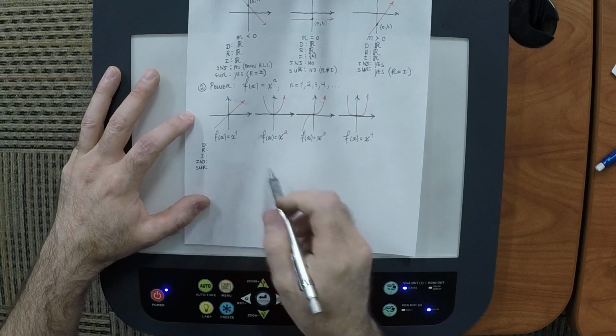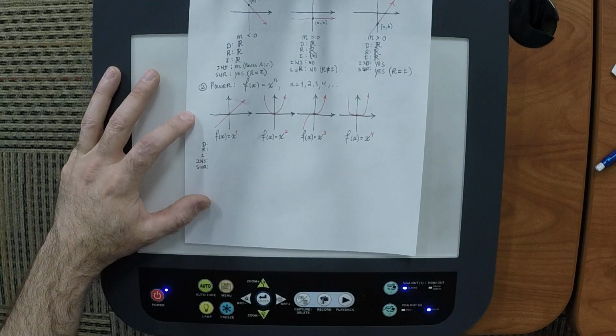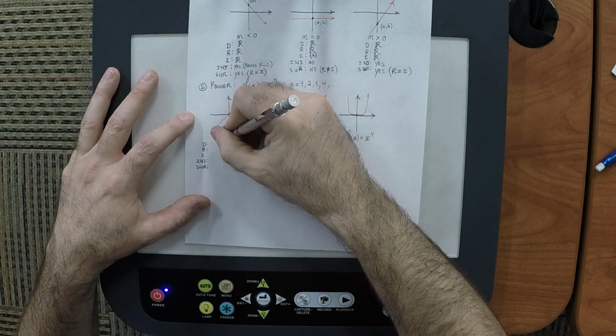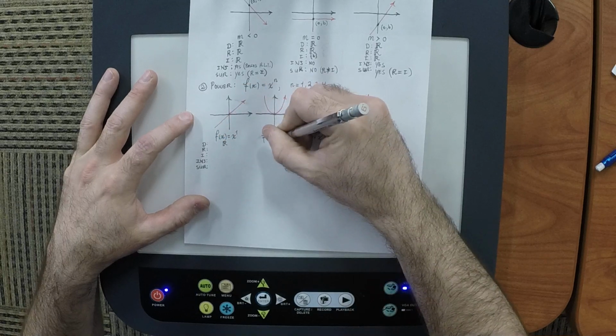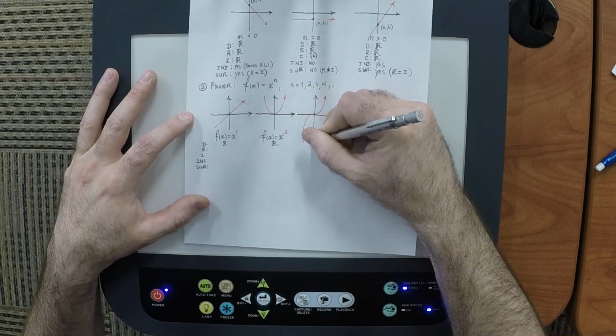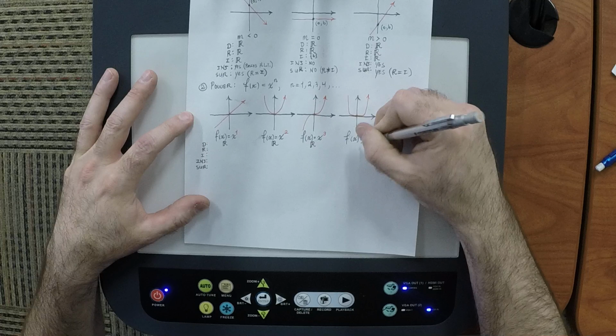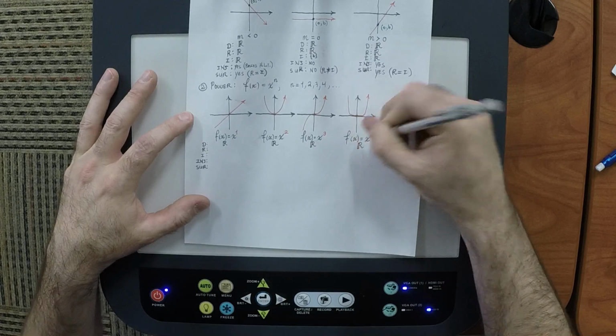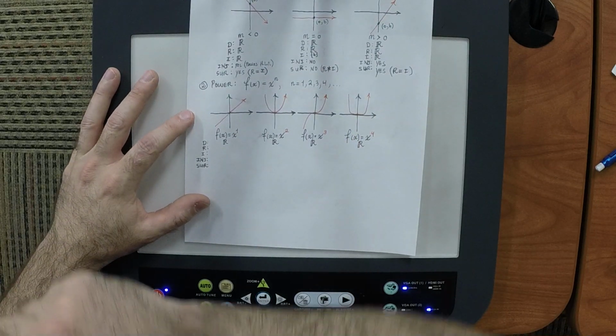So what's the domain for, in fact, all of them? The reals, because there's no divisions by 0, and there's no even radicals, so there's no restrictions.